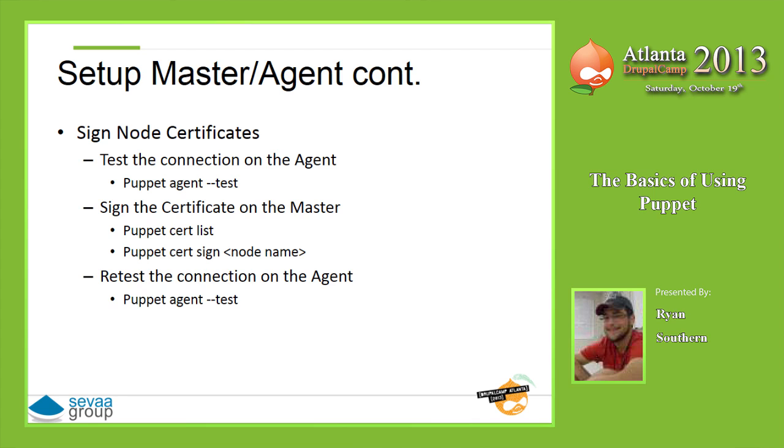You do that by running Puppet cert list, and it'll give you a list of all of the pending certificate signing requests. Then you run Puppet cert sign and the node's name, and it will sign, and that's the SSL handshake. Then you can go back on the agent and run Puppet agent test, and it will connect to the master then.